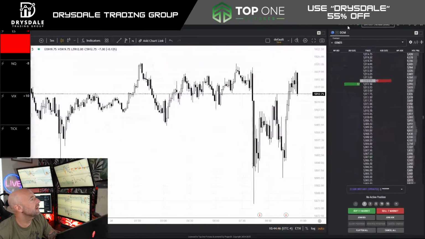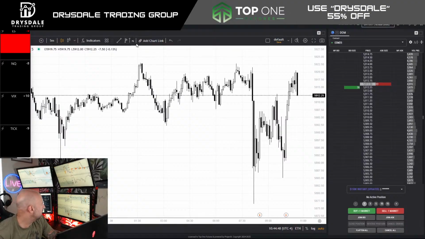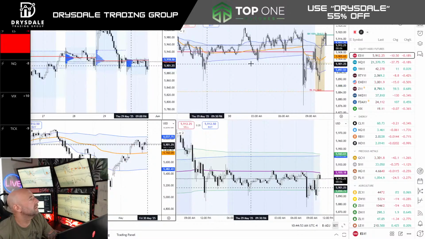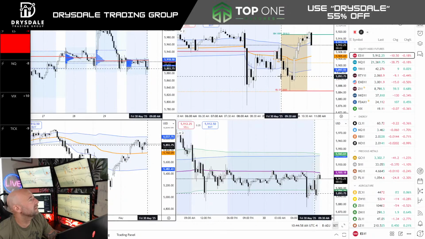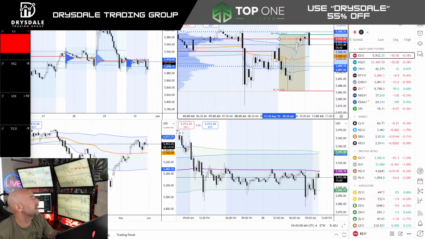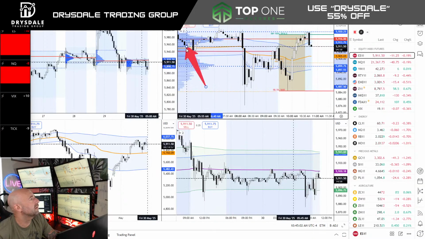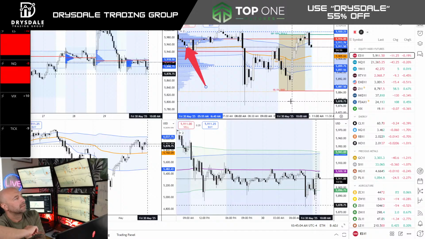Scalps short there. We are at the lower end of a distribution. So, I don't know how far we're going to drop here. If you see the volume profile, we have this distribution right here, and we have a low volume pocket right here. If it drops through that, we could be done with this area up here.